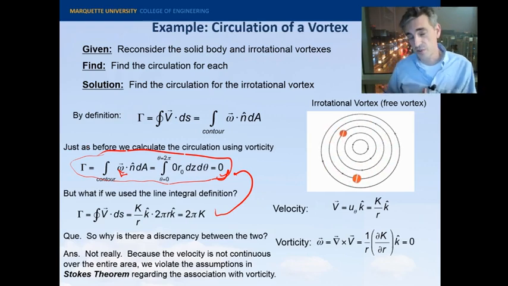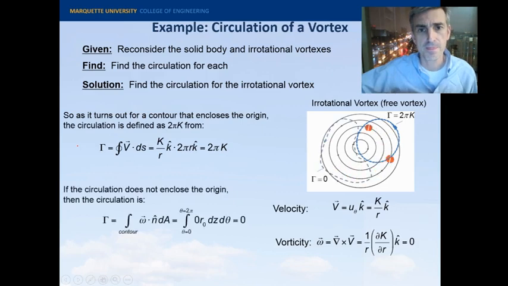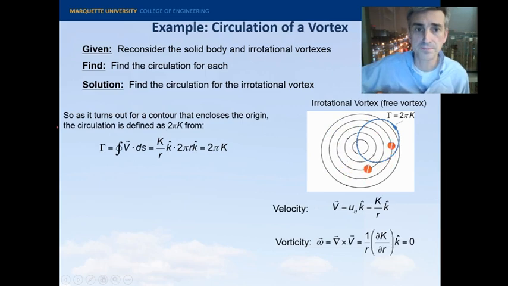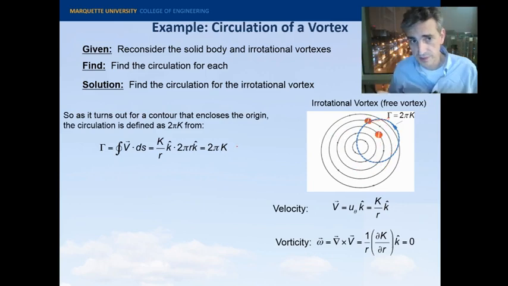If we include a contour like this dotted blue line that I'm showing here that doesn't include the origin, then we can use the definition of circulation as the area integral of vorticity. And so in that case, the circulation for the irrotational vortex is 0.